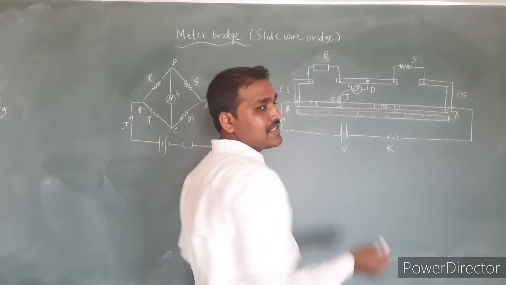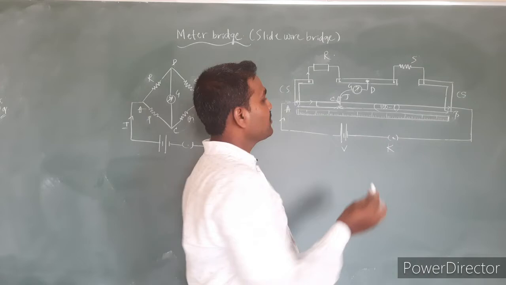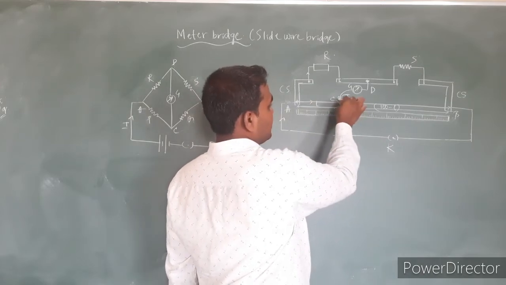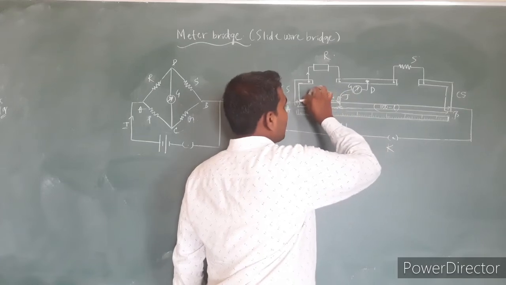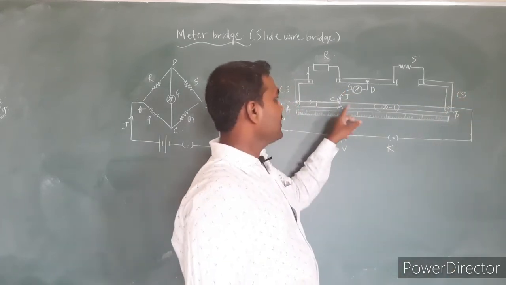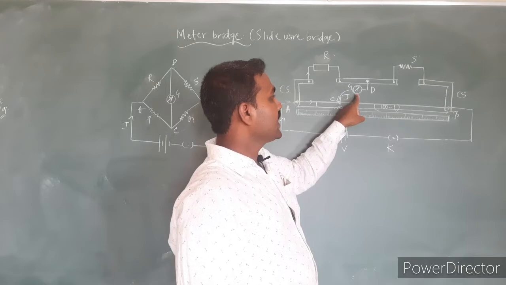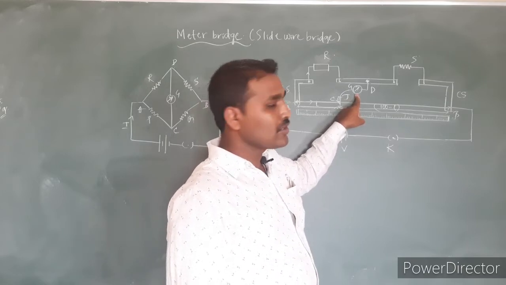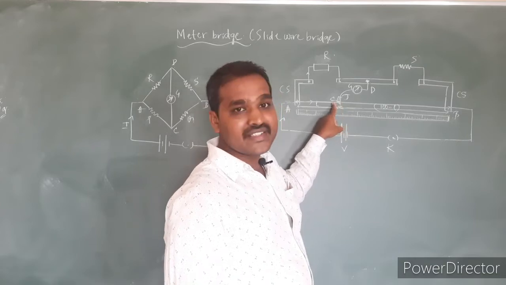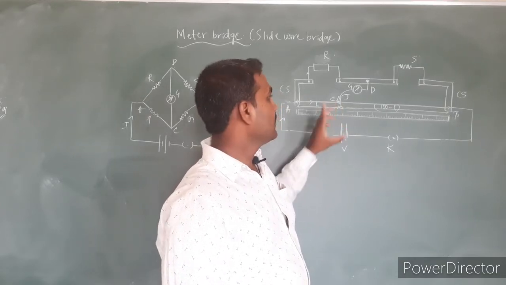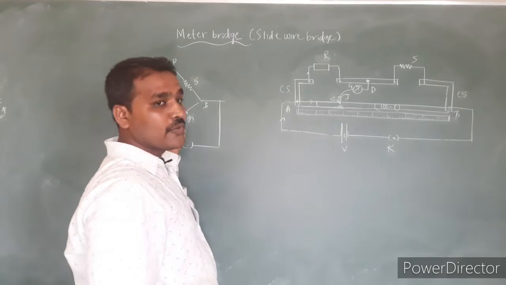This jockey is a small metal rod which can be used to make the connections. This jockey can be placed anywhere on this line; we can slide the jockey on this metal wire. Wherever we get the equilibrium reading, that is 0 reading of the galvanometer, at that point we call it C.